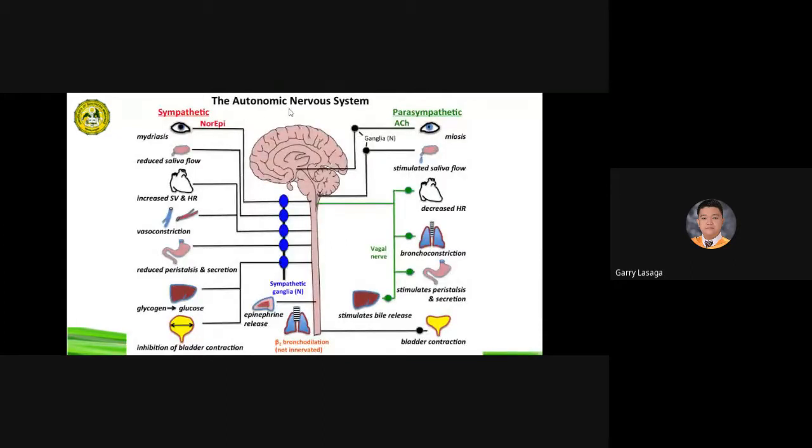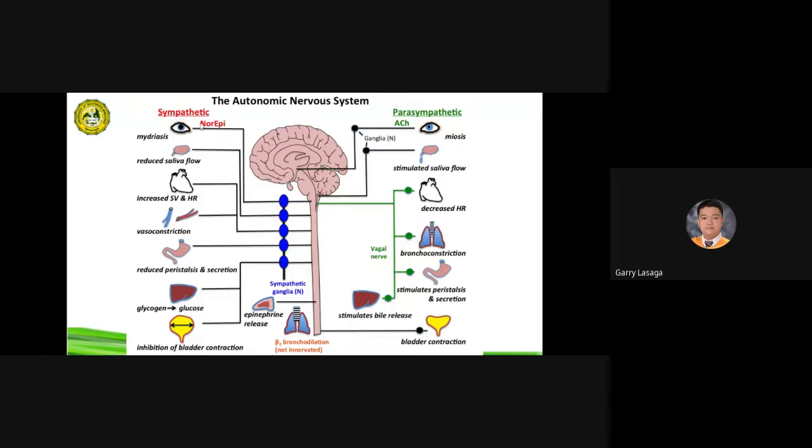So this is also another diagram of our autonomic nervous system, particularly of our sympathetic nervous system. So take note here that the nerve fibers of the sympathetic nervous system come from the thoracolumbar portion of our spinal cord, and we have here yung ating mga neurons or nerves that will exit the spinal cord, and these nerves will act on different effector organs.